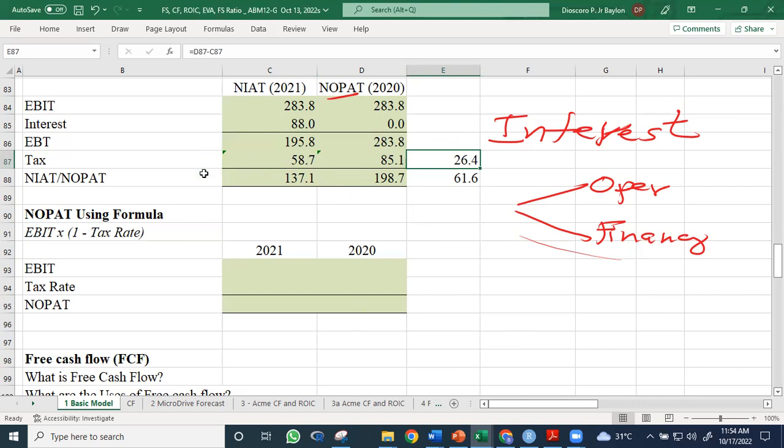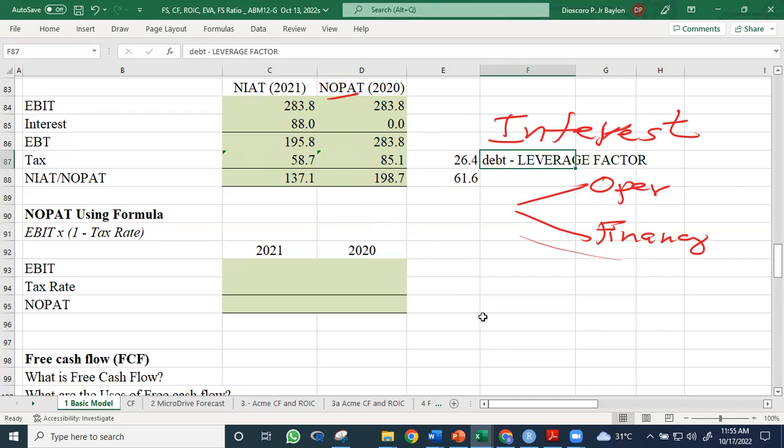But this is very important. Notice the tax now, since we have interest, the tax is lower. Kaya ang sinasabi nila, okay, si financing, si debt, si utang, provides a company what we call leverage factor. What do you mean by leverage? Napapaangat niya yung profit.